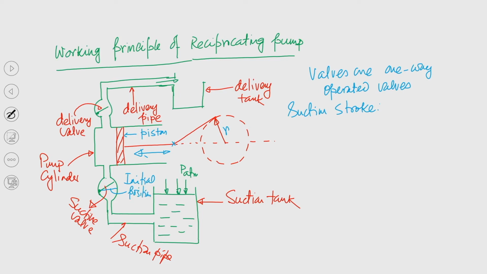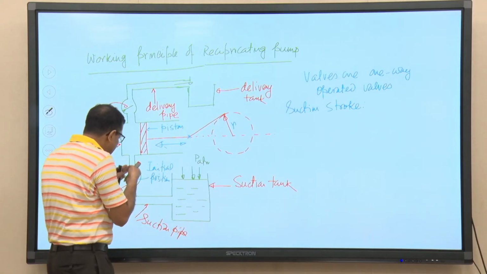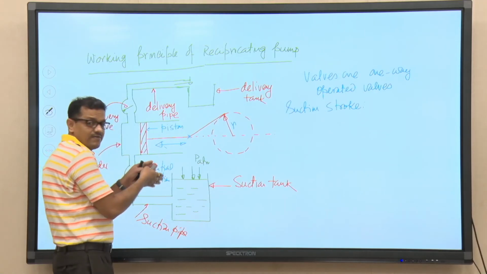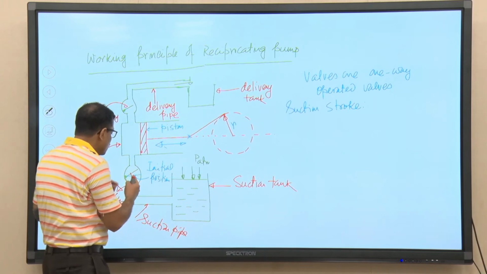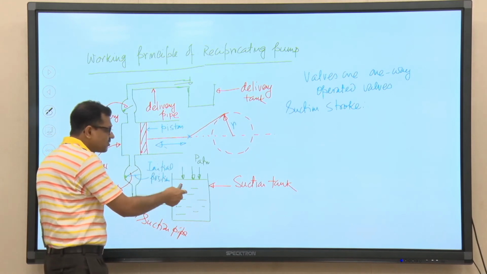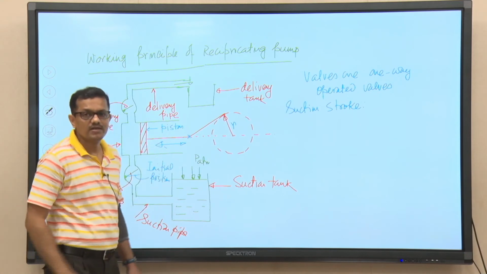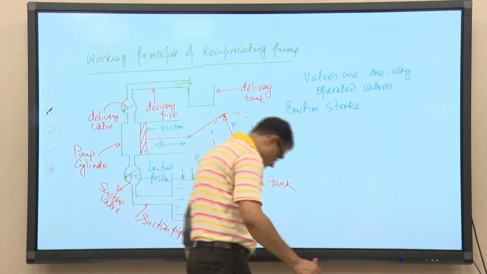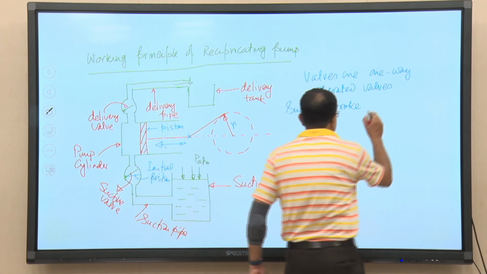The moment this pressure difference is created, it allows the valve to open in this direction, that is a one way valve, and liquid moves from the suction tank into this cylinder. So, this is what the suction stroke is.